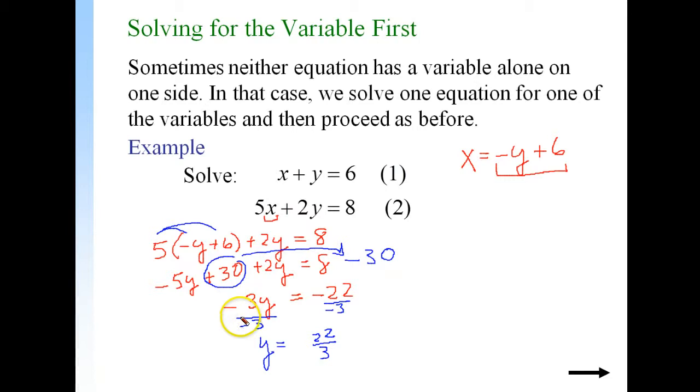And again, I'm ending up with a lot of negatives here, but that's okay, so long as you divide both sides by a negative. This will become a positive 1y, and this becomes a positive 22/3. Now, here's where it gets a little tricky, because now what I have to do is I have x plus, well, let's do it right up here. We want to find out what x is.